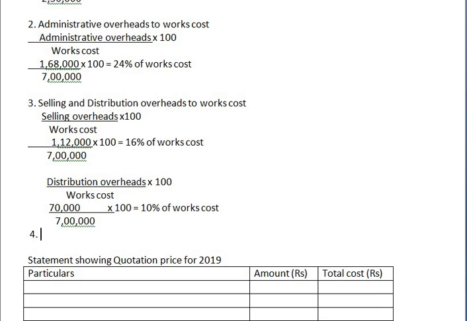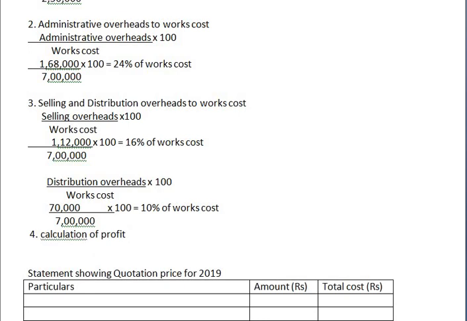Now fourth working note, calculation of profit. Profit is calculated on sales.